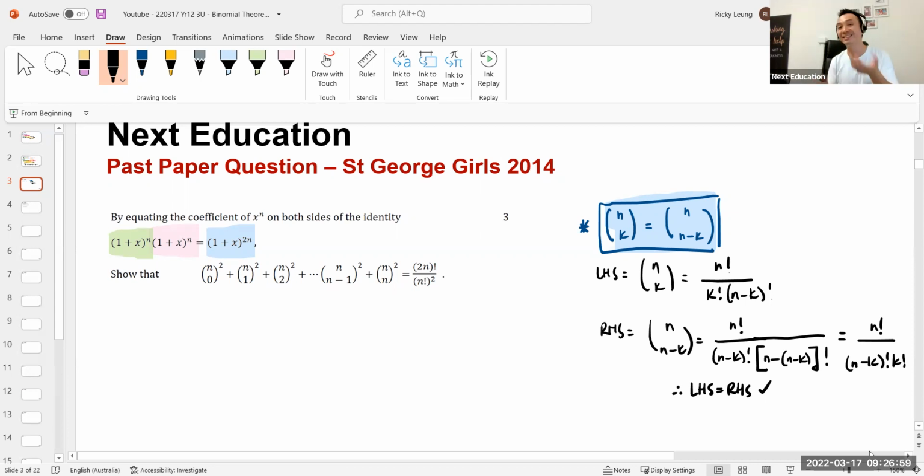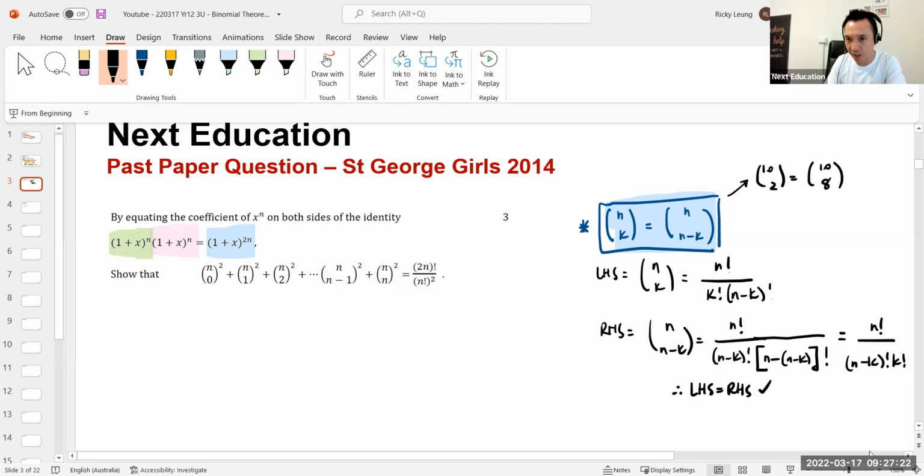Now, what does that mean, right? It means that for any combinatoric expansion, any binomial expansion, it's symmetrical. So whatever number, let's say, for example, n was like 10, whatever number you put in here is equivalent to 10 minus 2, 8, right?